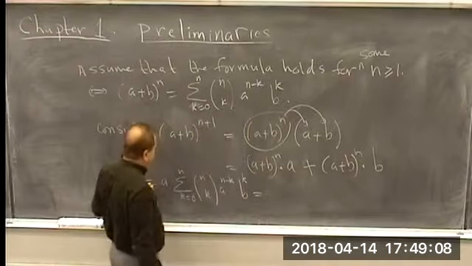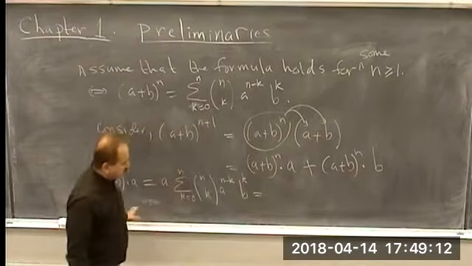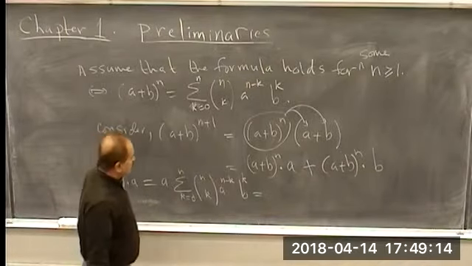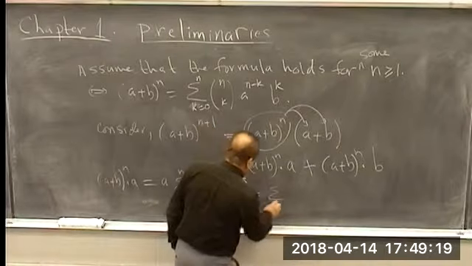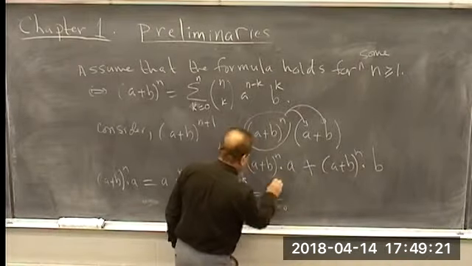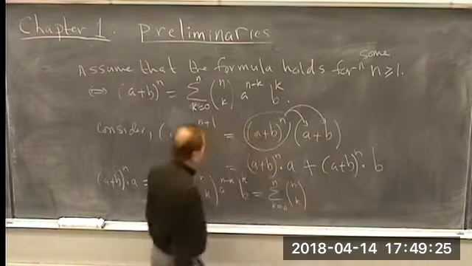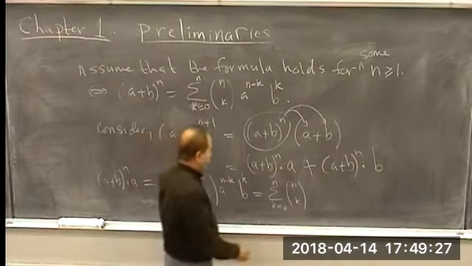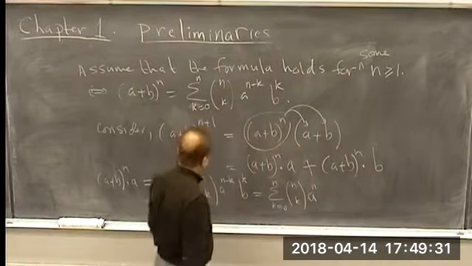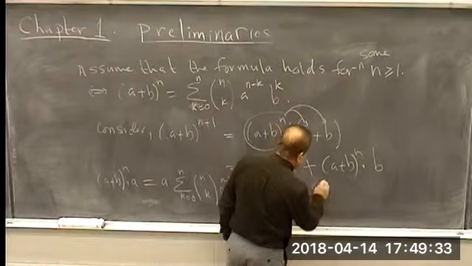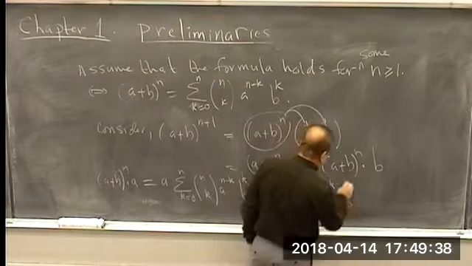Really, what I'm doing, I'm distributing, because this is a sum of n plus 1 terms. I'm distributing it for every term. So each one of them, the a of it is going to change. So this goes to the sum from 0 to n, n choose k, the coefficients are not going to be affected by multiplying by a. But now the exponent of a becomes n plus 1 minus k, and the b has nothing to do with the n.